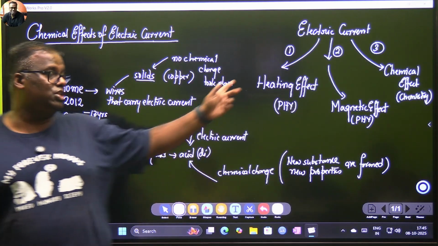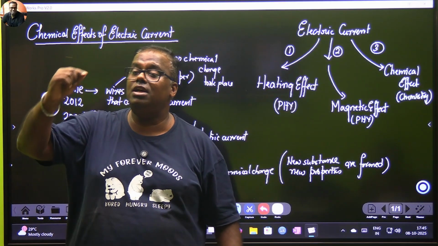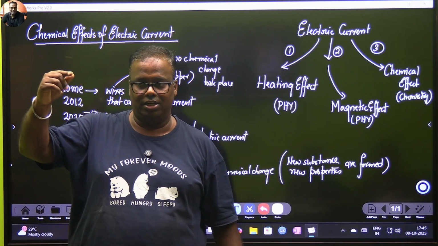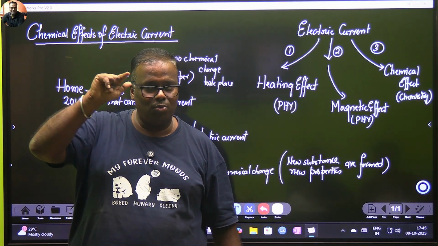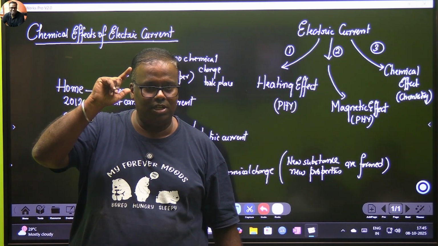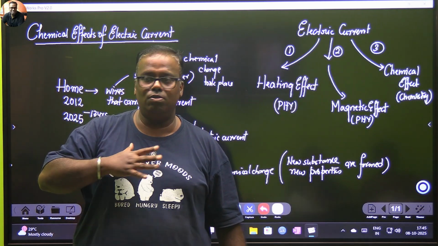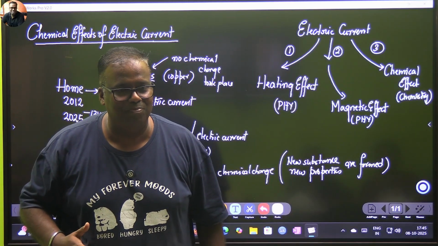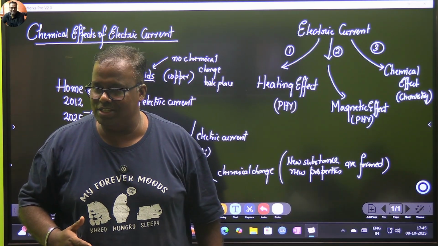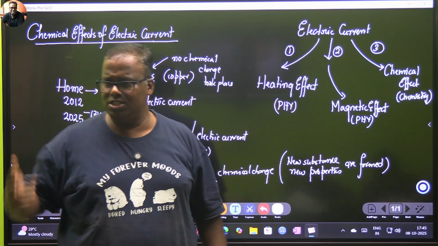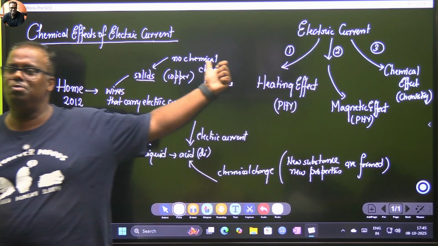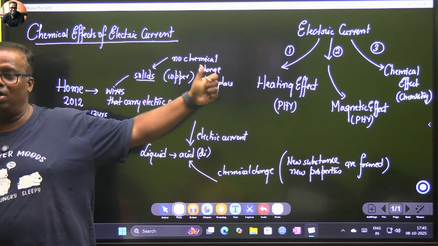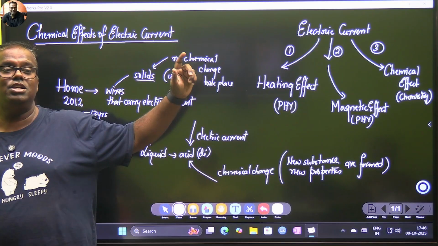That's why this chapter is called Chemical Effects of Electric Current. So from now on, whatever I study, I will be dealing only with liquids. I cannot deal with solids, because in solids no chemical change happens. Name of the chapter is Chemical Effects of Electric Current. So I will be dealing only with liquids.